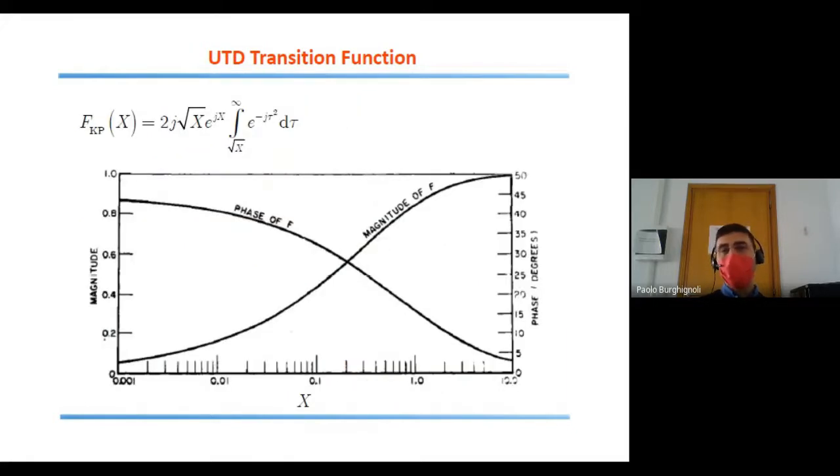Note that the UTD transition function behaves as you would expect from a transition function. That is, if the argument is x, say a real number, when the argument is a large number, then the magnitude of the transition function tends to 1, whereas on the left, for small arguments, the magnitude tends to 0.